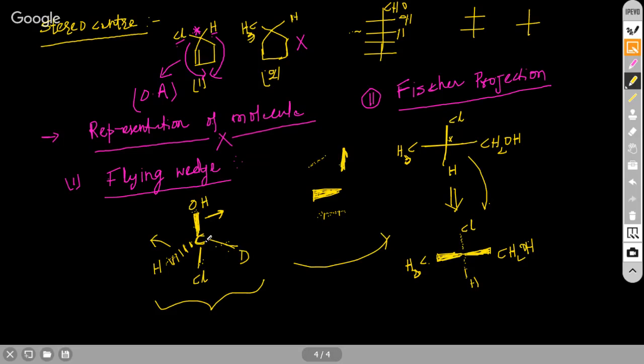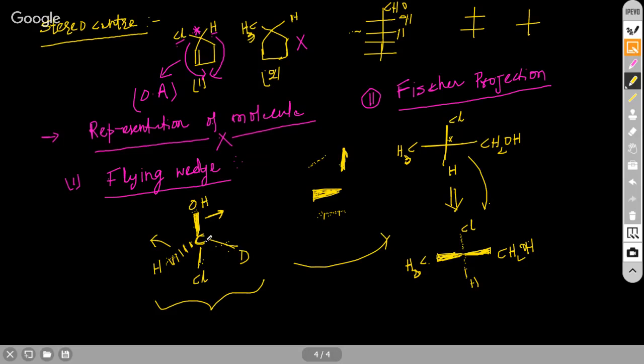RS configuration we can find out theoretically, whereas D and L we have to find experimentally. So whenever you get a question in the exam, you have to find out the R or S configuration.